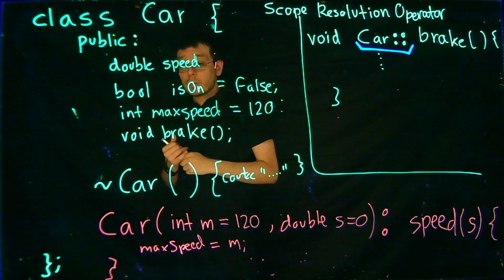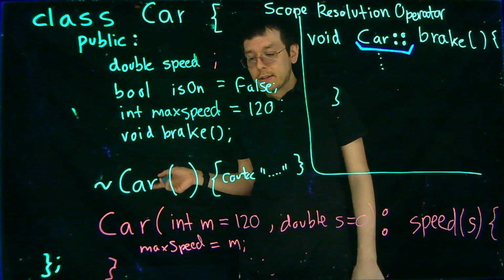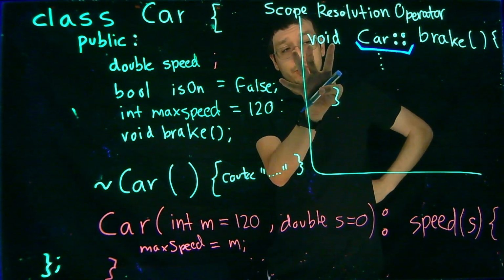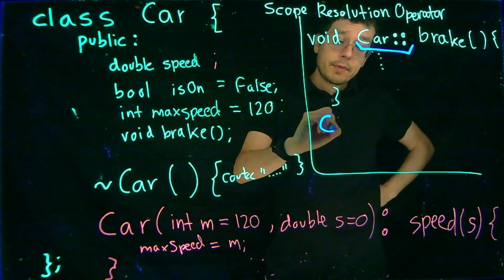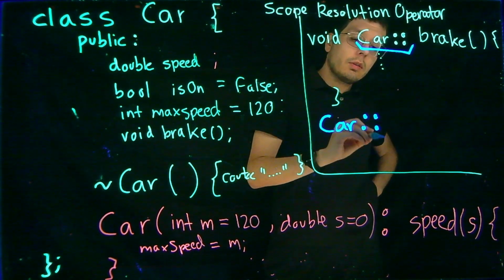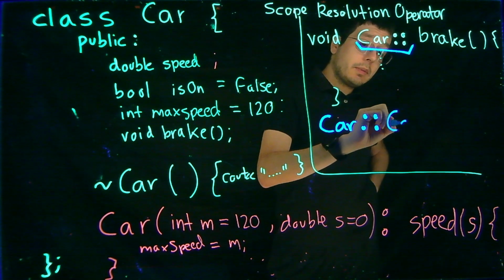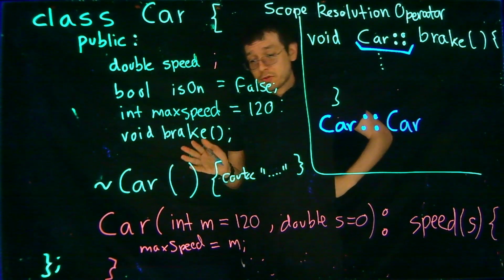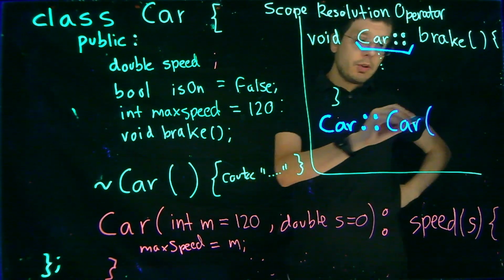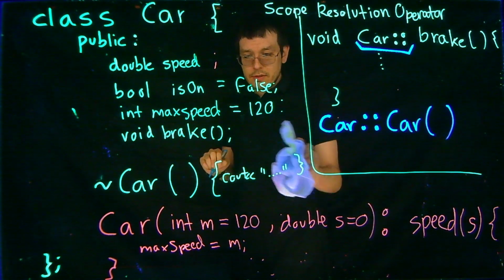You could also do this with constructors. So if I wanted to add another constructor into the mix here, I could do that. However, constructors don't have a return type, so you don't need to put anything there. You would just do something like car colon colon, and this is trippy, but you put car again because it's the name of the constructor, and then maybe you have another one here. Maybe you put the default one out here, I guess. So let's get rid of it.